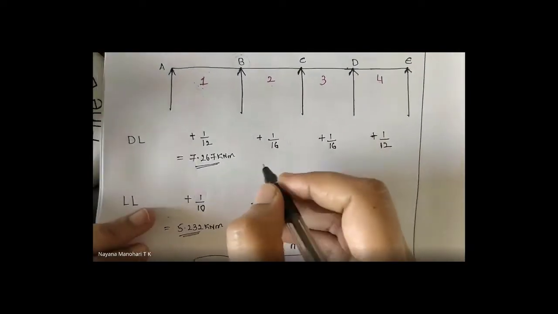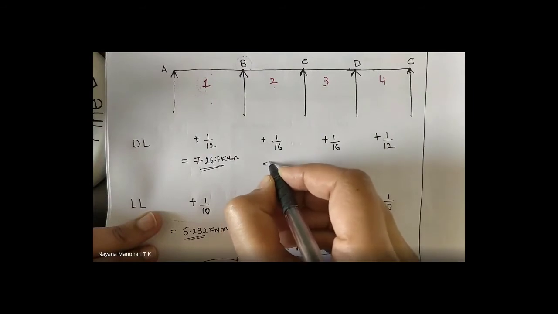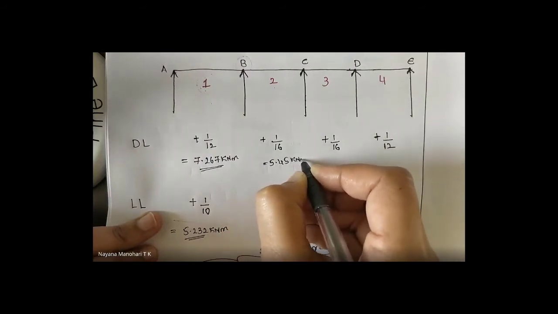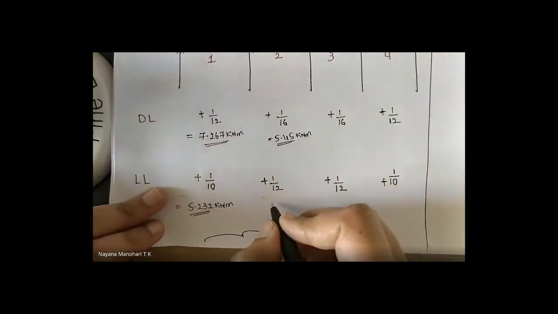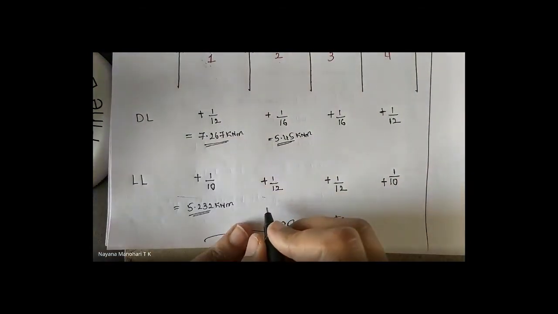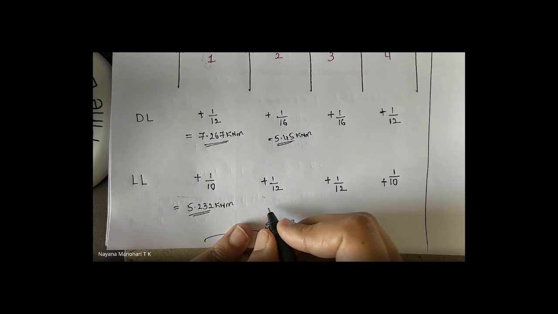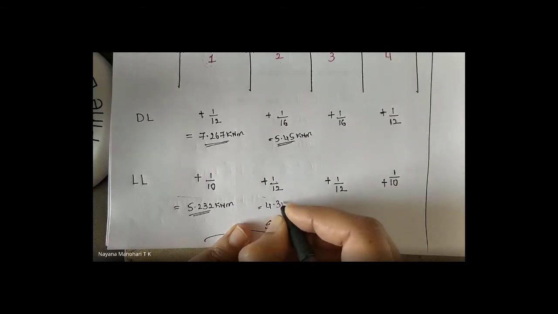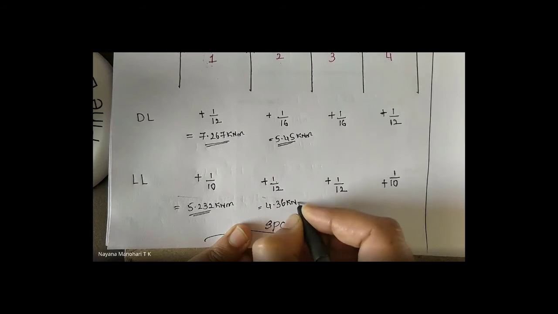Next, for 1 by 16, you will get 5.45 kilonewton meter. For the live load, factored live load is 4.5 multiplied by the square of the effective span 3.41 square, divided by 12. You will get it as 4.36 kilonewton meter.